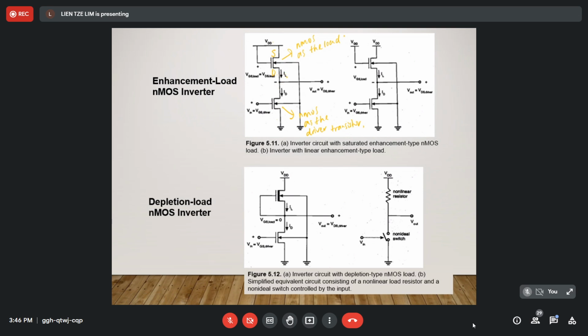So here there is a load current and also a drain current. And then you see that the source to substrate terminal voltage is equal to 0.